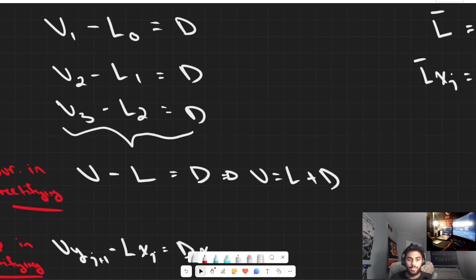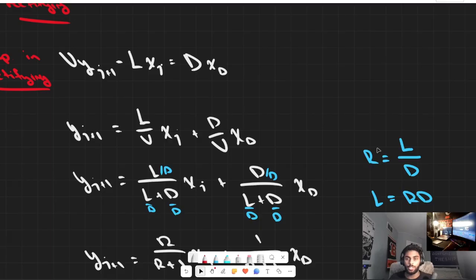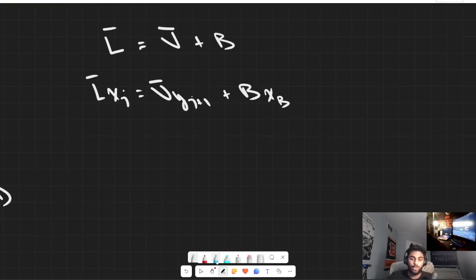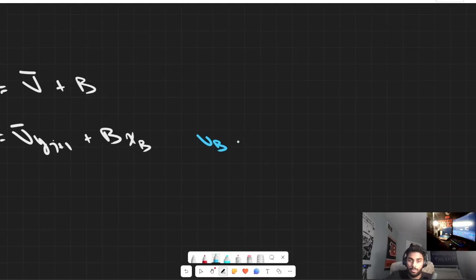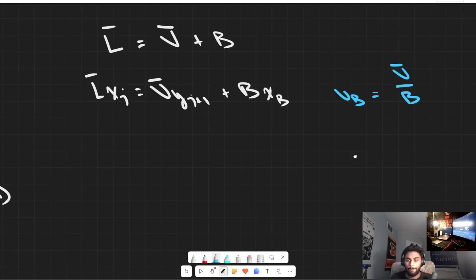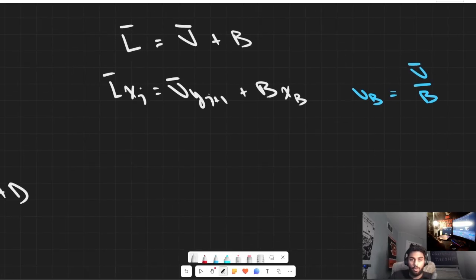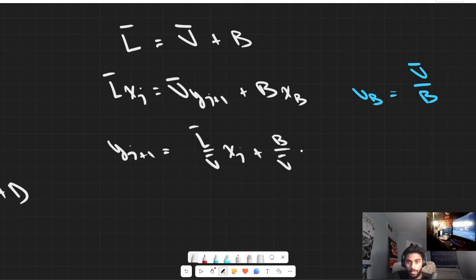Now, if you remember, at this point, we introduced something called our reflux ratio. And the parallel to that for our stripping section of our distillation column is called the boil-up ratio. And the boil-up ratio is going to be our V bar divided by our bottoms. So first, let's isolate our vapor composition here. So yj plus 1 is equal to L bar over V bar times xj plus B over V bar xb.